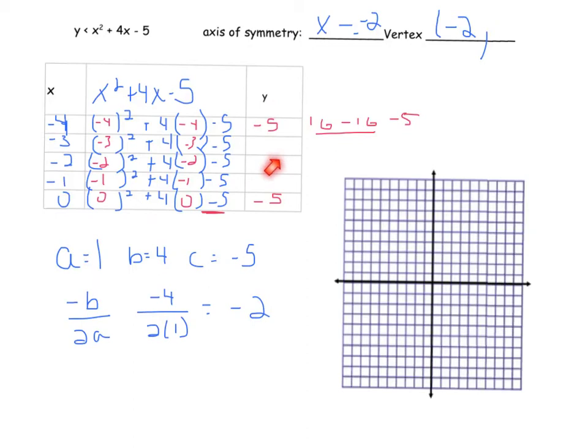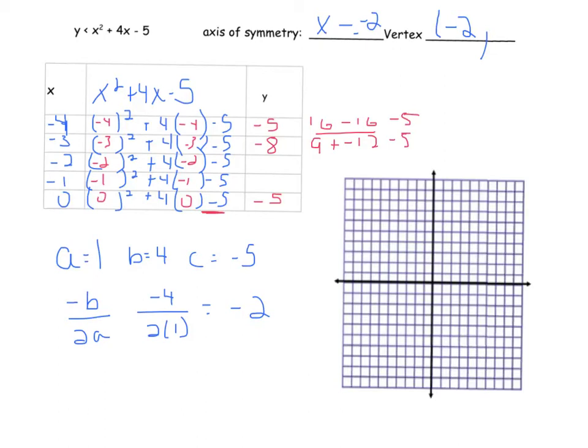And remember, we're going to work to a certain point and then it's going to reverse. So negative 3 squared is 9, plus 4 times negative 3 is a negative 12, minus 5. So 9 plus a negative 12 is negative 3, minus 5 is negative 8.